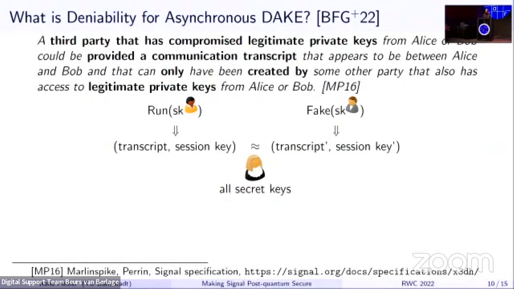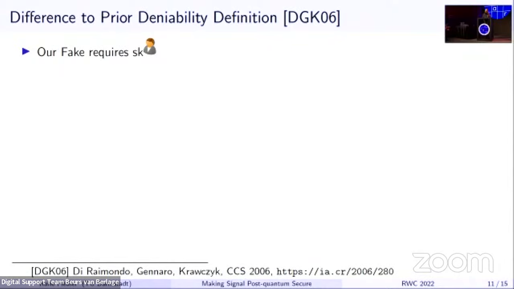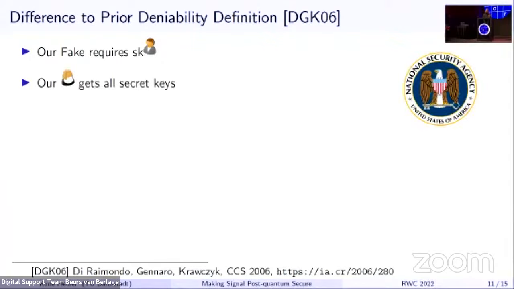So there's a prior deniability definition by Di Raimondo et al., but compared to their definition, our definition is weaker in the sense that it gives the fake algorithm access to the secret key of the responder. So they basically have public simulatability. On the other hand, our definition is stronger in the sense that our judge gets all of the secret keys.